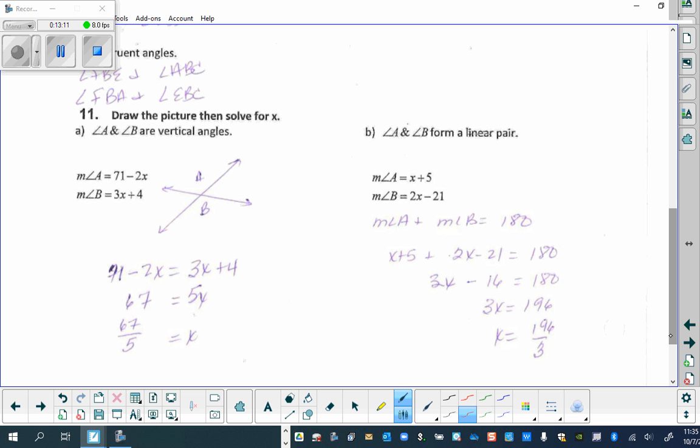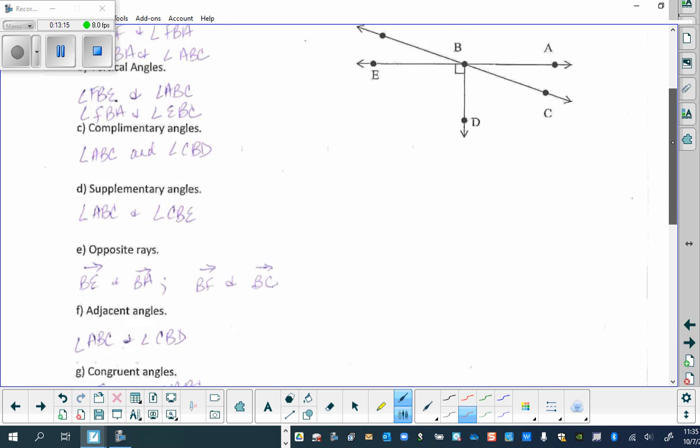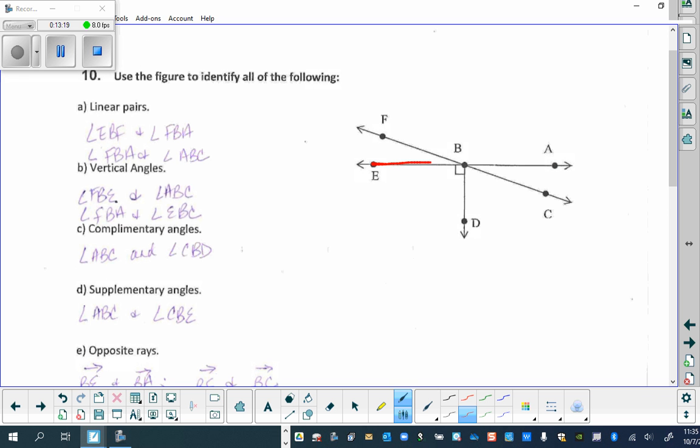So a linear pair is going to be two angles that are adjacent and supplementary. So do you see how I have this angle? Like that? Not congruent, supplementary. Adjacent and supplementary.